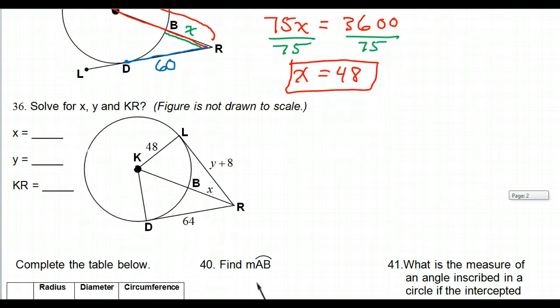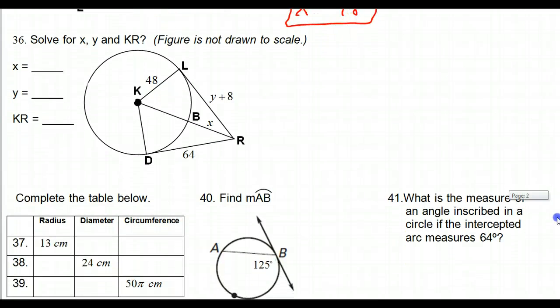Okay, number 36. Kids have trouble with problems like these because there are two problems in one. So you just have to focus on one problem at a time. I would actually like to find the y value first because hopefully you will notice that you see the 64 over here and the y plus 8 over here.